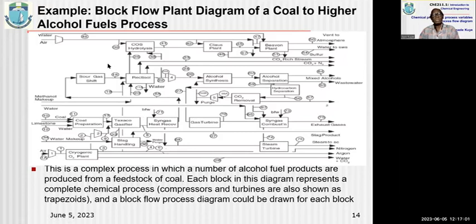So you can see each of the main process are represented by blocks. Then the compressors and the other equipments are represented by the trapezoid, compressors, turbines. And you can see each of those ones here.